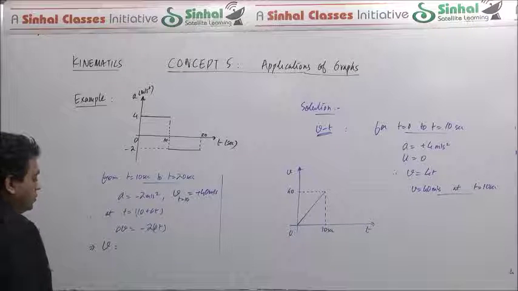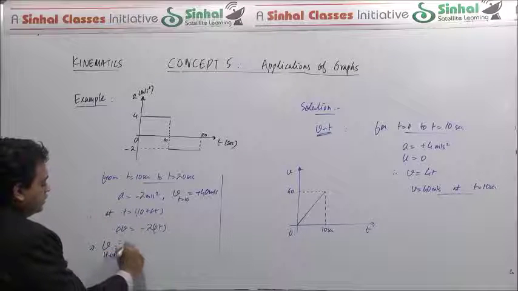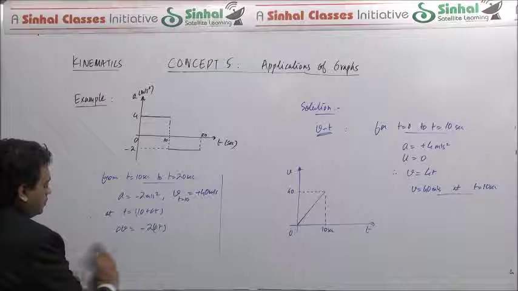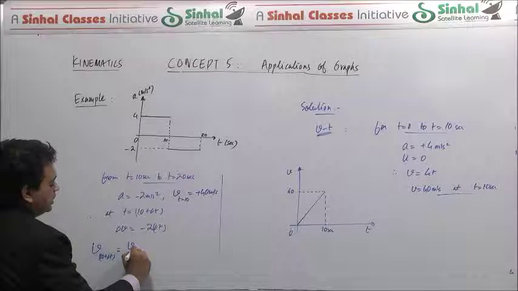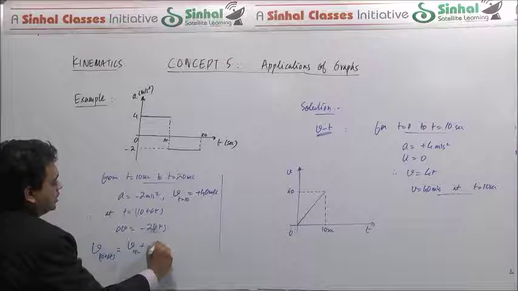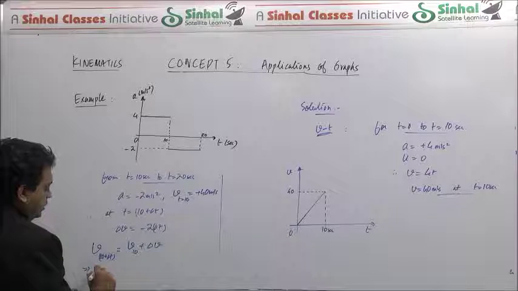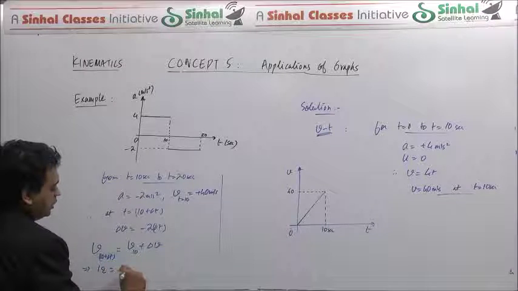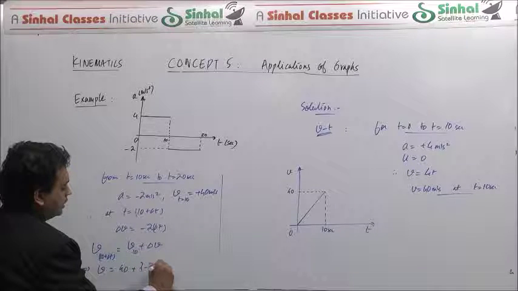So the velocity at a time 10 plus delta t will be equal to the velocity at the time 10 plus the change in velocity. So you can see that velocity at a time t will be equal to 40 plus delta v, which is minus 2 delta t.